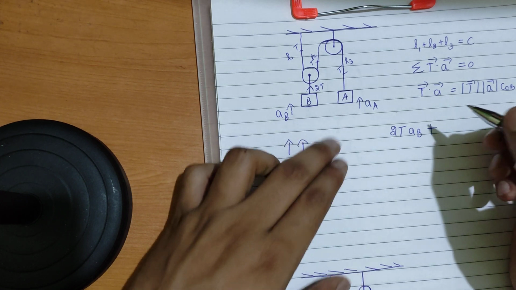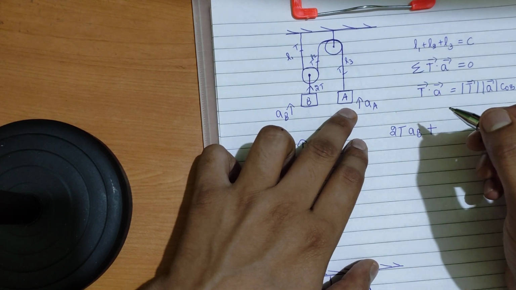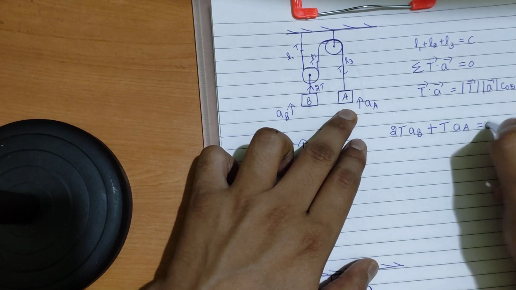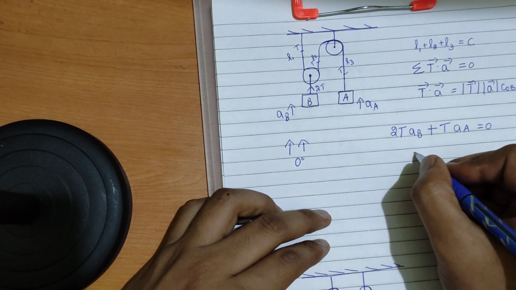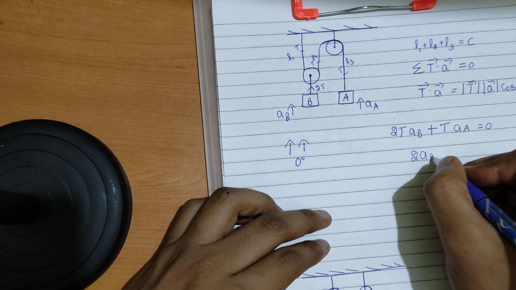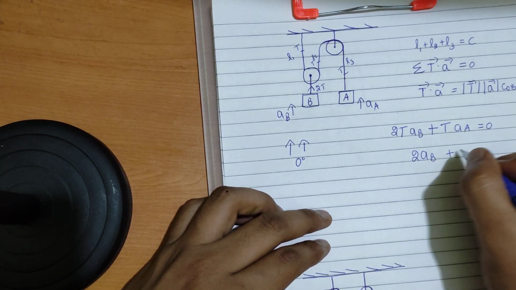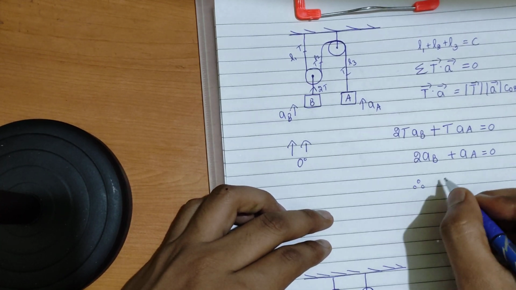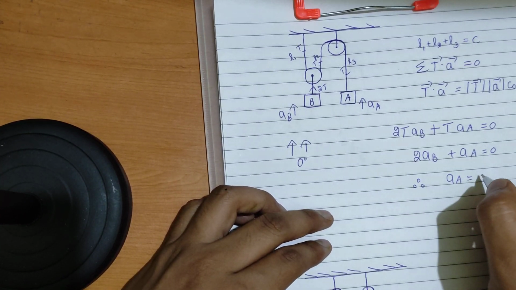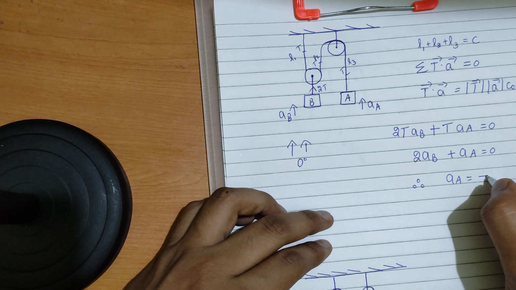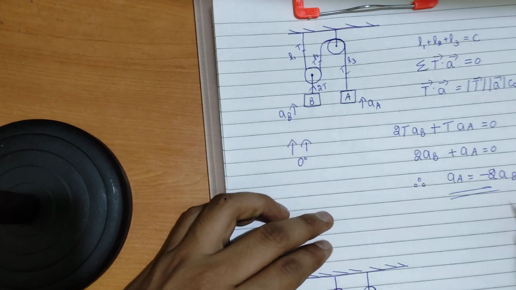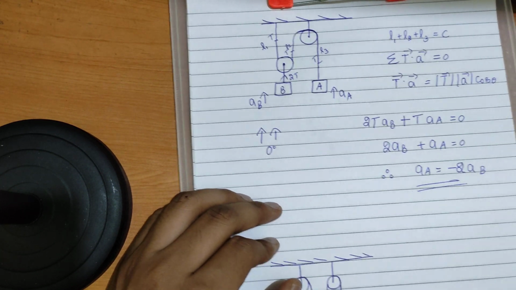Now for the second block, block A: tension is T, acceleration A_A, is equal to 0. So 2 times acceleration of B plus acceleration of A is equal to 0. Therefore we can conclude that the acceleration of A is in the opposite direction and is 2 times the acceleration of block B.